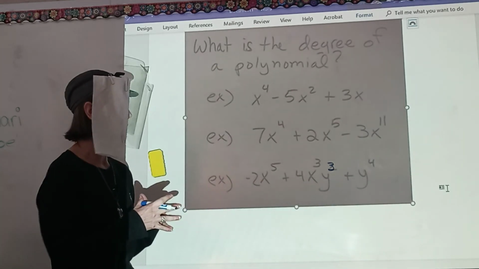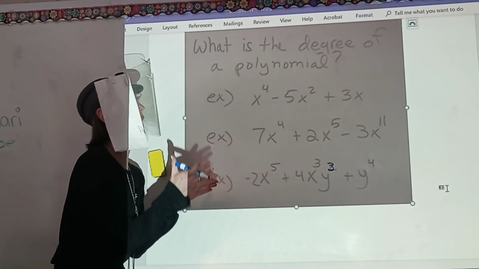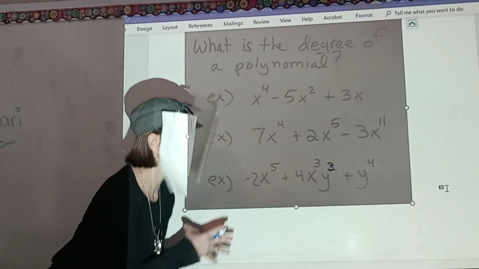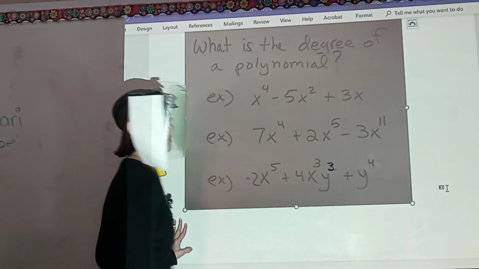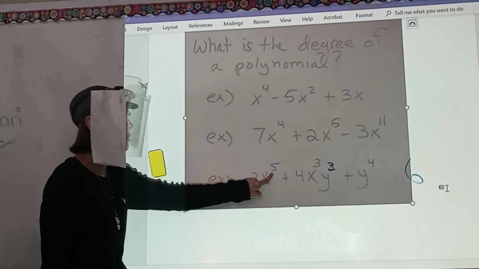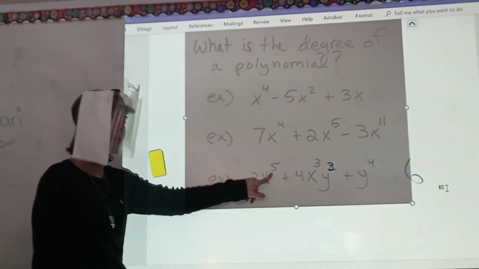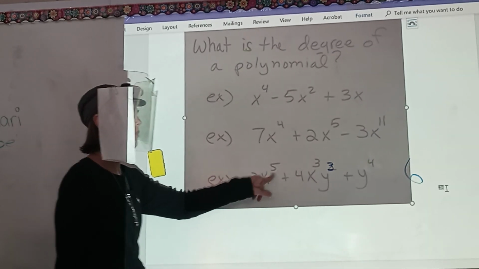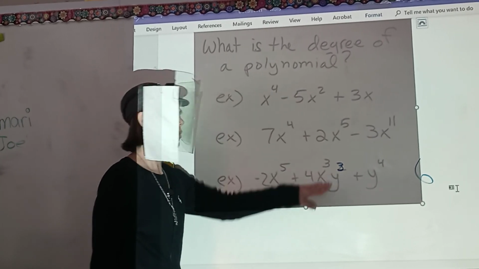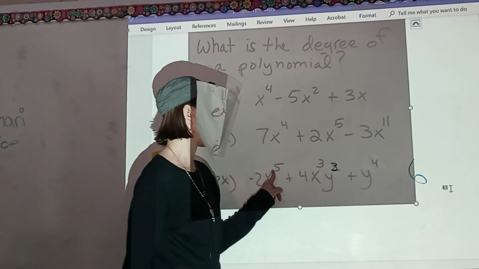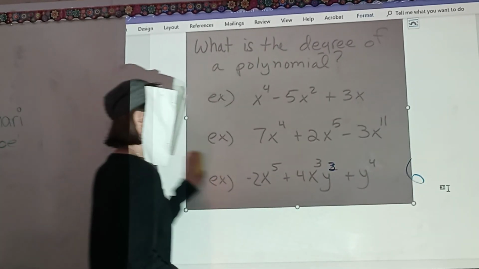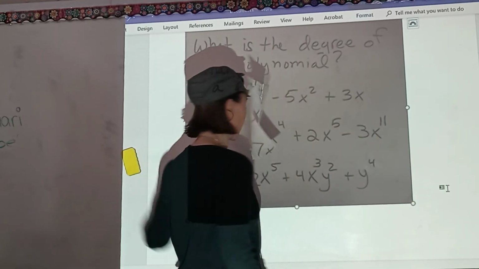The degree of a term is the sum of the exponents. What is 3 plus 3? 6. So the degree would be 6. Yes, this is x to the fifth, and that is a high exponent, but when you add these two together you get 6. So this trumps the 5, and the degree of that polynomial would be 6.